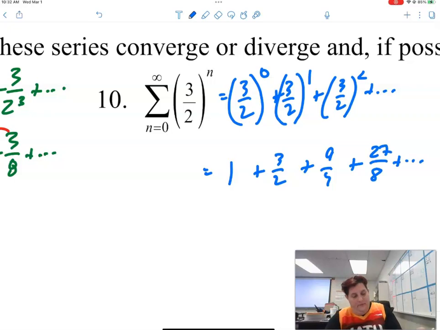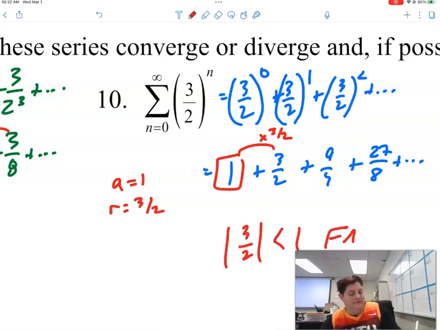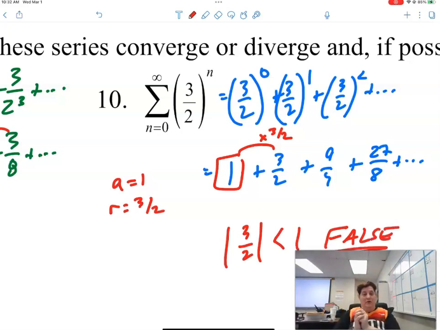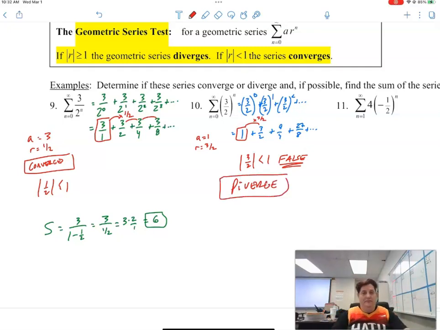Now, the first term is 1, and it's multiplying by 3 over 2 every time. Because 3 over 2 is not smaller than 1 (in fact, it's bigger), this thing's going to explode. So this is actually going to diverge, because the terms are just getting bigger and bigger.